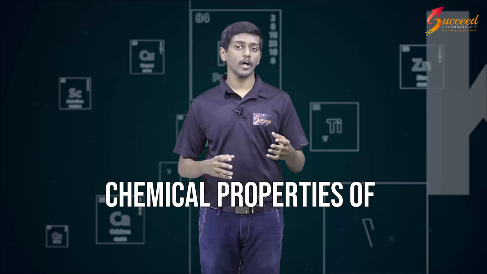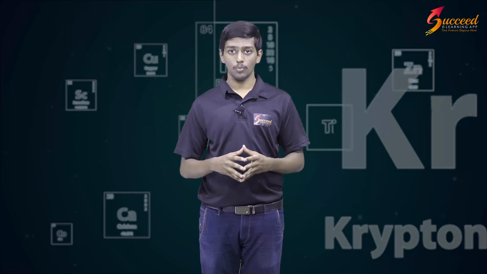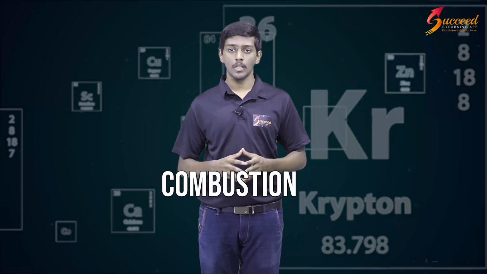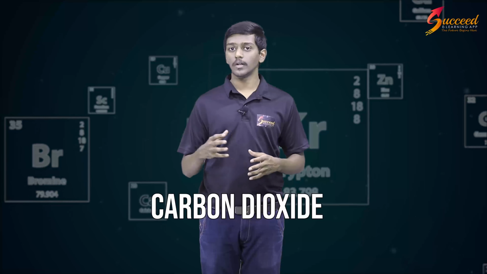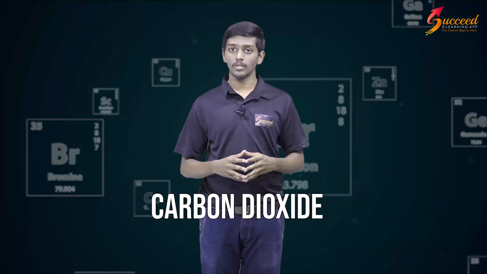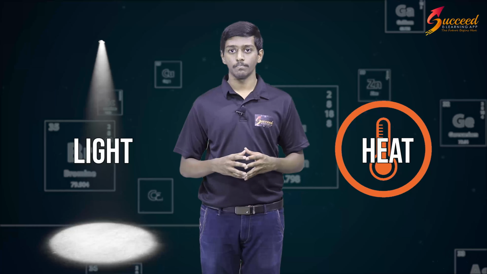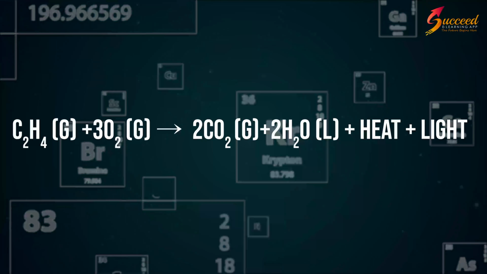Let us look at some of the chemical properties of carbon, starting with combustion. When carbon is burnt in the presence of oxygen, it is converted into carbon dioxide along with heat and light. It follows this reaction.